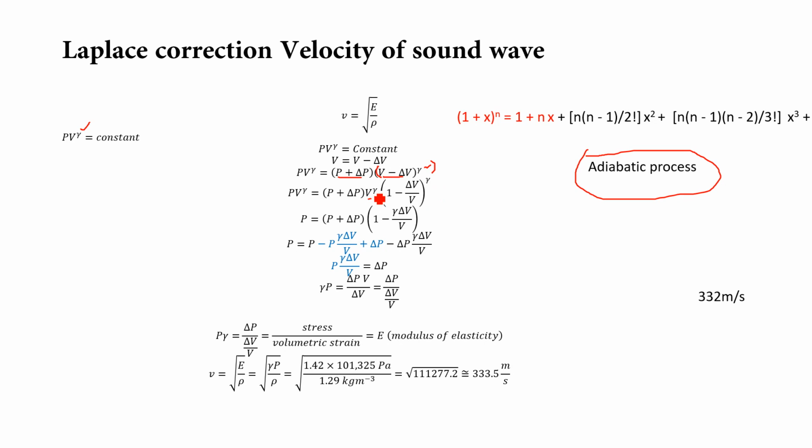By taking V power gamma common from here, we will have 1 minus del V divided by V, whole power gamma. Now this V power gamma term will cancel out with this V power gamma, and we will have pressure P is equal to P plus del P, change in the pressure, into 1 minus gamma del V divided by V. Now this term is the binomial expansion. We have considered only the first term and ignored the higher degree terms.